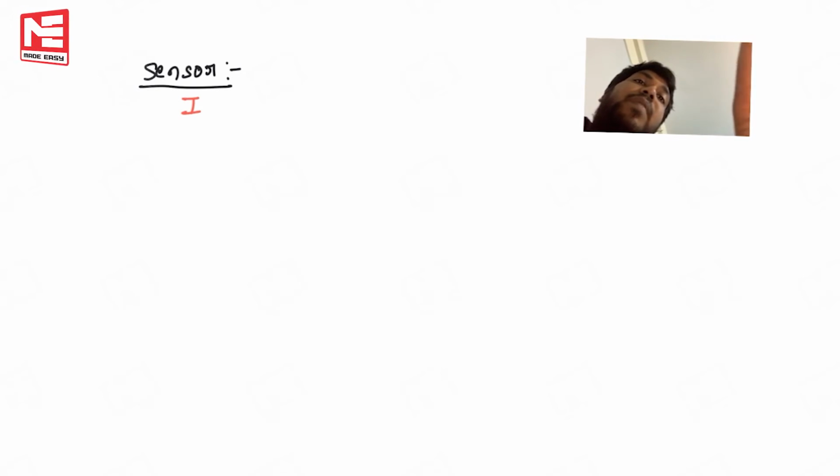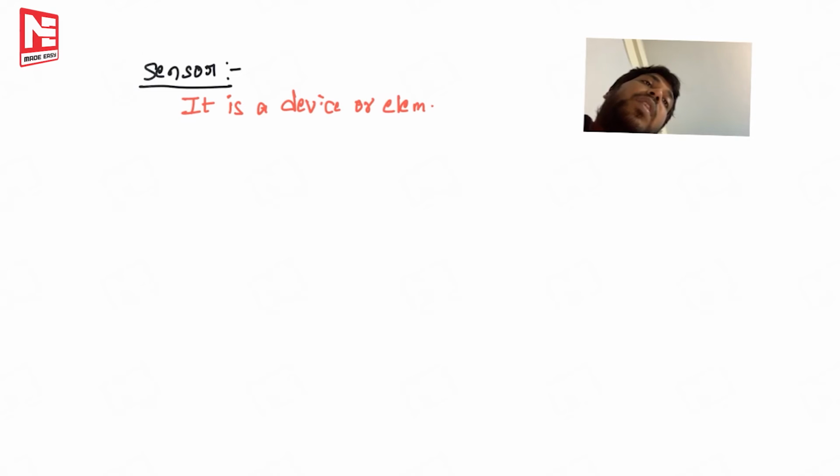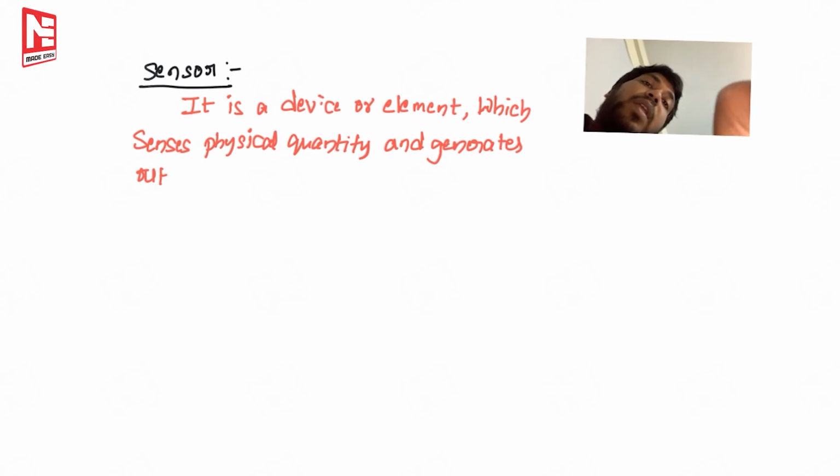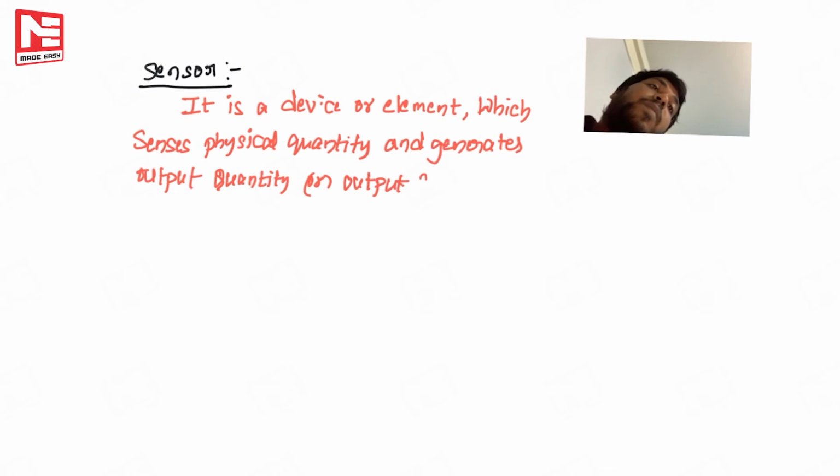It is a device or an element which senses a physical quantity, like temperature, displacement, force, or pressure, any physical quantity, and generates some sort of output quantity, I mean with which you are able to say the value of the physical quantity. Output quantity, or else you can say output signal. That's all about the basic idea related to sensors.